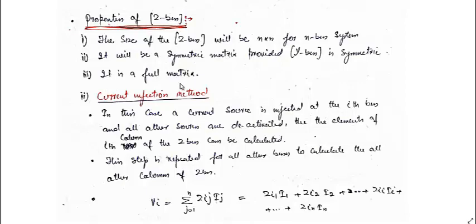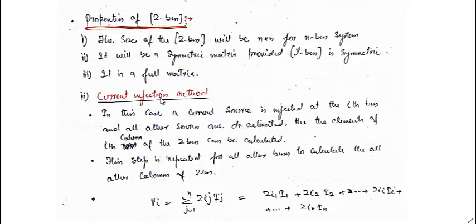It is a full matrix. We know that the Ybus is a sparse matrix, but here it is a full matrix. We cannot say its sparsity is very high. We can say its sparsity is very low. Usually it is a full matrix. In most of the cases all the elements will be non-zero elements. That's why it is a full matrix.